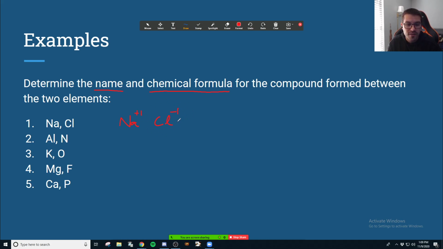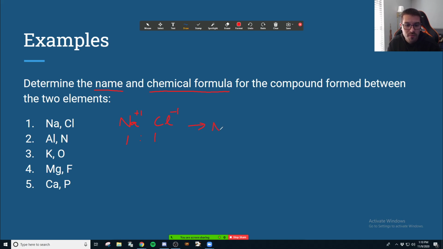It's like how many sodiums do I need to cancel out how many chlorines? We're trying to figure out both of those numbers. Well, when the charges are equal but opposite, it's super easy. I just need one of these for every one of those. One sodium will cancel out the charge of one chlorine. Does that make sense? One sodium will cancel out the charge of one chlorine. So my ratio is just 1 to 1.